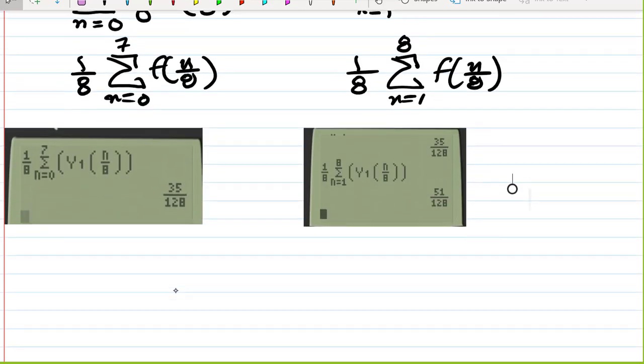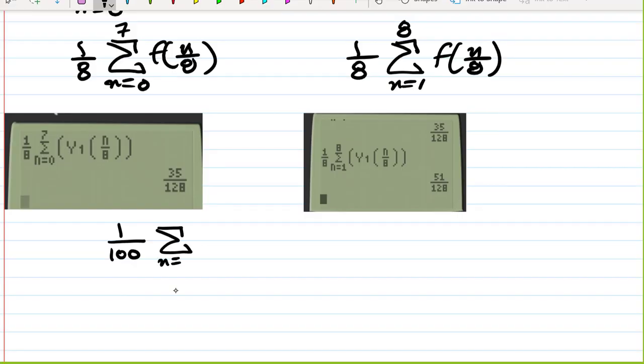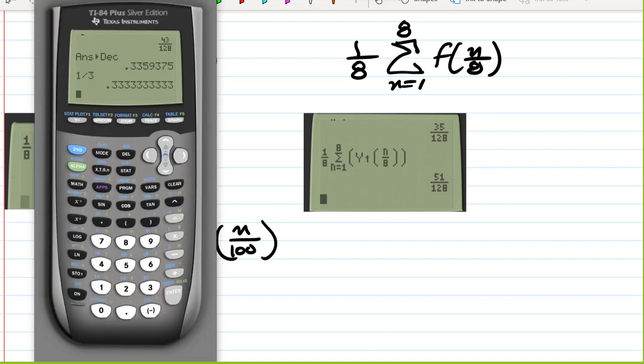So how would this change if I wanted to use 100 rectangles? In this first one, it was 1 over the number of rectangles, so with 100 it would be 1 over 100. And then my sum would go from n equals 0 to 99 of f of n over 100. And for the overestimate, instead of going from 0 to 99, it would go from 1 to 100.